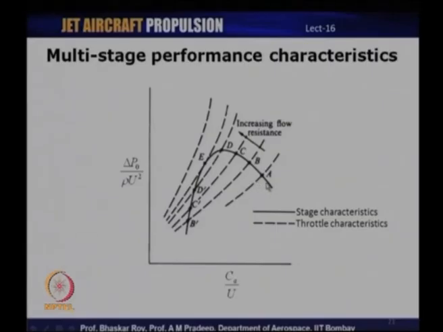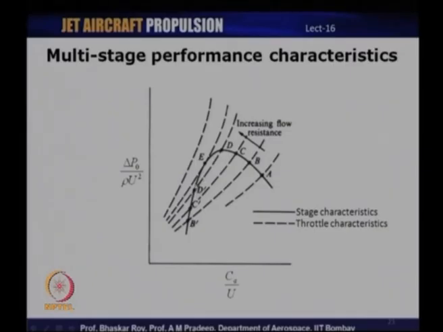And so this particular stage, which was let us say operating at point A, as we throttle the compressor will continuously move towards the left, and it keeps moving along these throttle lines from A to B to C, D and so on. But beyond a certain point, what we see, indicated by these points here with dash, that is D dash, C dash and B dash, are those points which correspond to the unstable operation of the compressor. And why is it exactly unstable?